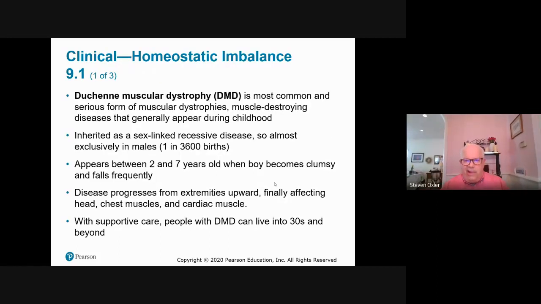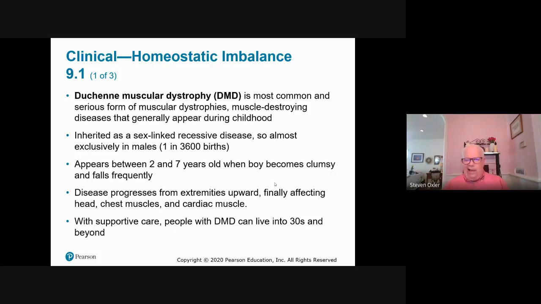Dystrophin is extremely important. Remember, it links the filaments to the plasma membrane or the sarcolemma. If there is a genetic disorder in that protein, dystrophin, you will have the most common and serious form of muscular dystrophy, Duchenne muscular dystrophy. This is muscular dystrophy.